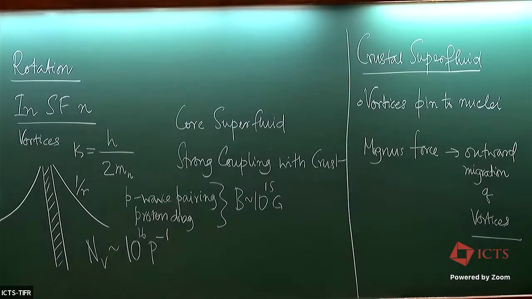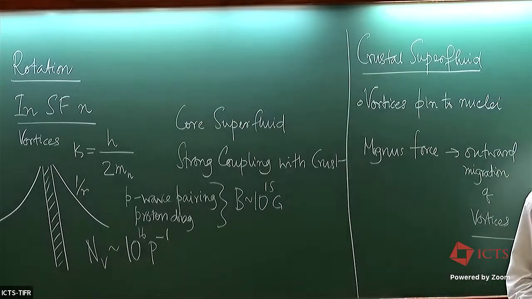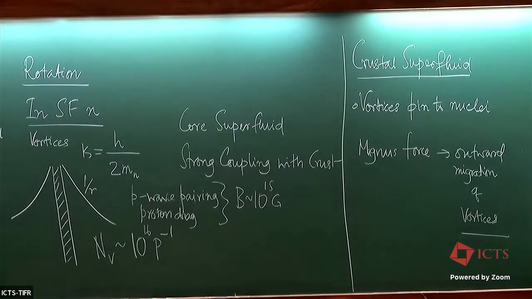So the Magnus force has to build up to an extent that the vortex can be yanked off a pinning site. Once you have reached that, then the vortex will unpin and will try to move. And it will migrate and then find a new pinning site.